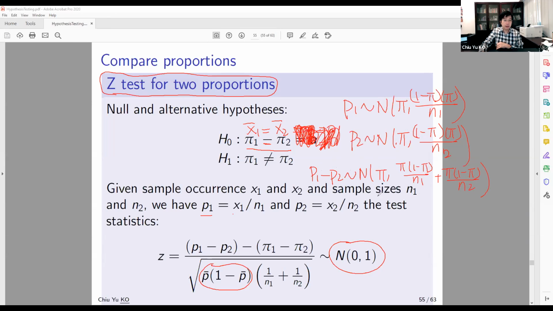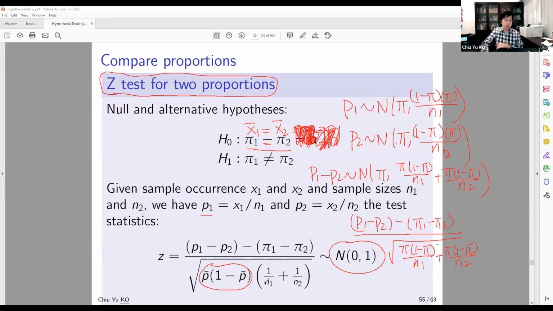So under the null, you know the sample proportions P1 and P2, so you can rewrite this as a normal. P1 minus P2 minus (pi 1 minus pi 2) will be equal to this pi term with 1 over n1 plus 1 over n2.